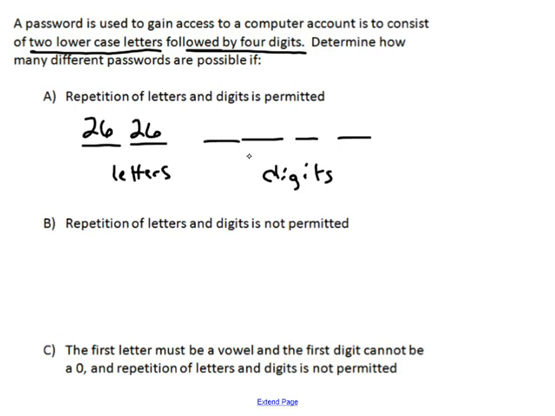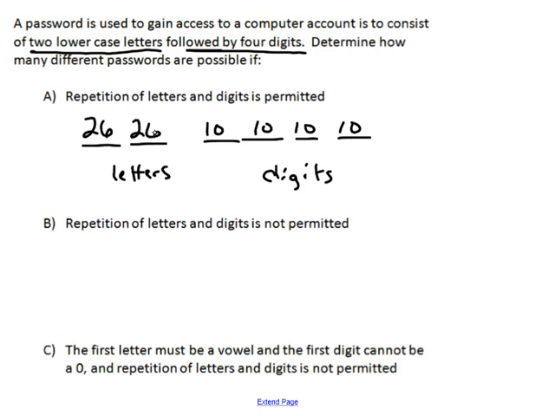Now for the digits, remember there's 10 digits: 1, 2, 3, 4, 5, 6, 7, 8, 9, and 0. So we would have 10 digits to choose from, right? And then because repetition is permitted, you would just have 10, 10, 10, and 10, right? And then all we've got to do is multiply these out.